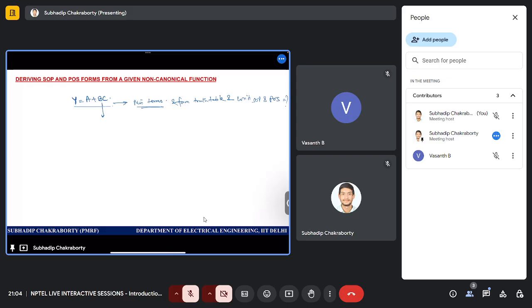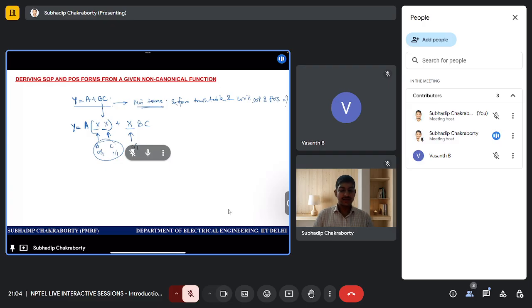So what you can do, see, you have some terms missing of B and C, and you have some terms missing of A. So A can take either 0 or 1, and B and C can also take 0 or 1. But what this function is telling you is that irrespective of the value of B and C, the output does not depend on them.